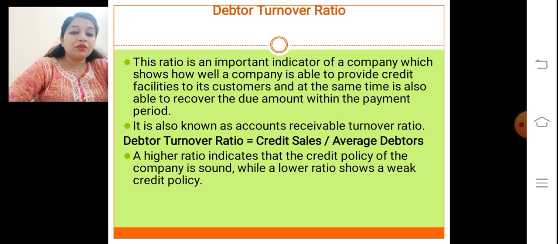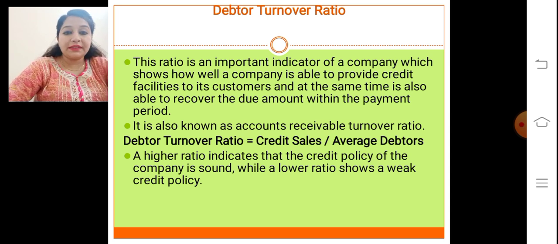It is also known as accounts receivable turnover ratio. The formula is credit sales upon average debtor. It means the higher ratio indicates that the credit policy of the company is sound, while the lower ratio shows a weak credit policy.